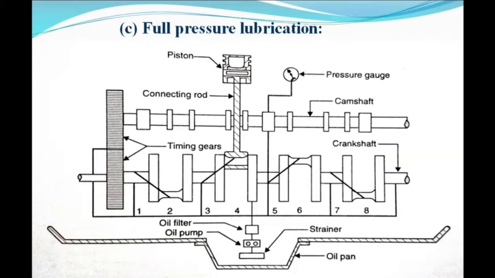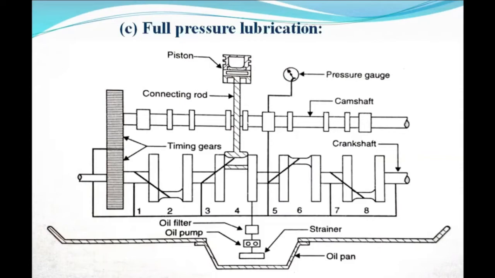A pressure gauge is provided to confirm circulation of oil to the various parts of the lubrication system. A pressure regulating valve is also provided on the delivery side of the pump to prevent excessive pressure.